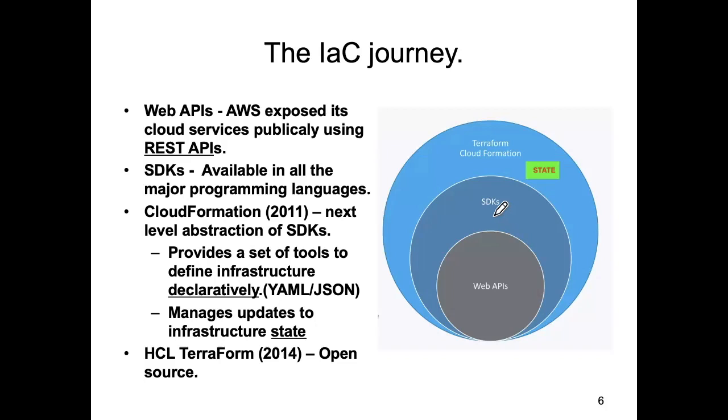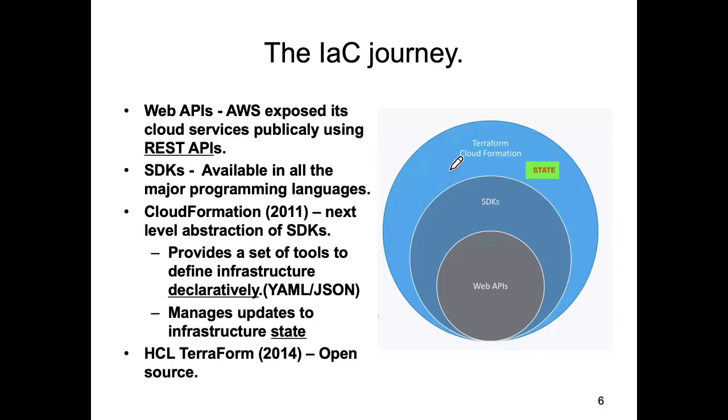So if you've done any Python scripting with AWS, you may have heard of the Boto 3 SDK, but every language, JavaScript, Java, Python, Go, C#, the AWS people, they released SDKs for each of the languages. So we could write our scripts in any language that we wanted to.